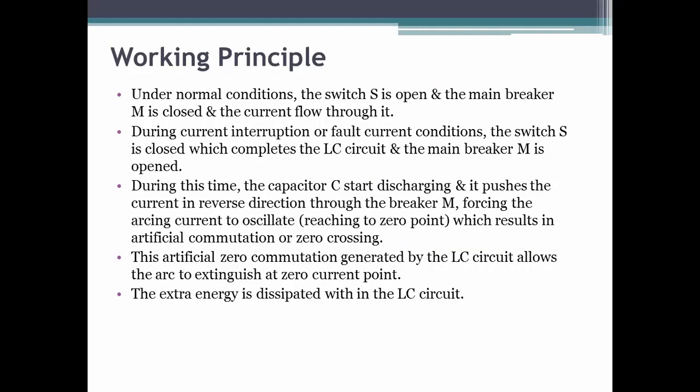During this time, the capacitor starts discharging and it pushes the current in the reverse direction through the breaker M. Whatever energy is stored in that capacitor, the capacitor starts discharging and pushes the current in reverse direction through the breaker M, forcing the arcing current to oscillate and reach the zero point, which results in artificial commutation, also called zero crossing.